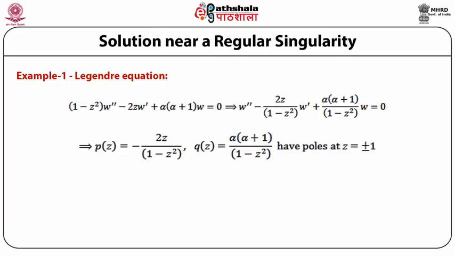Here, both p(z) equal to minus 2z by 1 minus z square and q(z) equal to alpha into alpha plus 1 by 1 minus z square have poles at z is equal to plus minus 1. Hence, z is equal to plus minus 1 are two singular points.